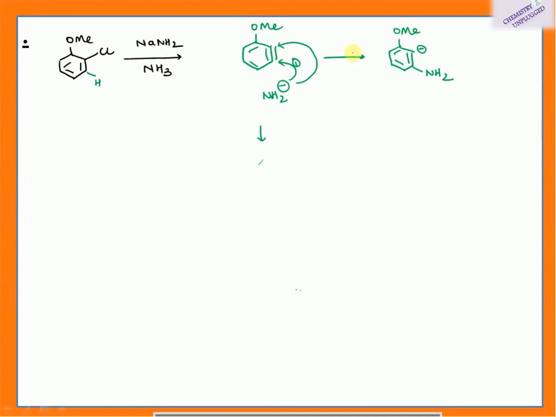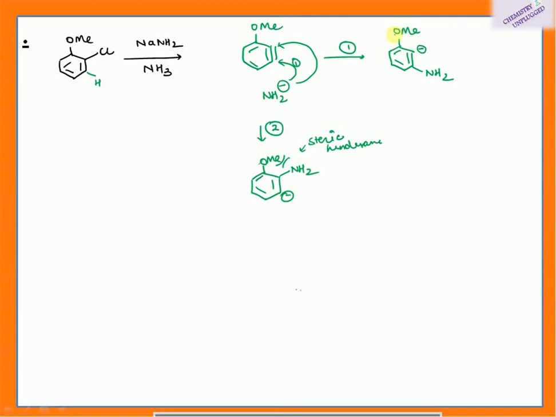The next possibility is this NH2 group will attack on this carbon. So this is the first possibility, and it will give me this product with NH2 substituted at the meta position, and in the second possibility this NH2 will attach at the ortho position. When it is attached at the ortho position, it can show a clash with this OMe group, or you can say it will show steric hindrance.